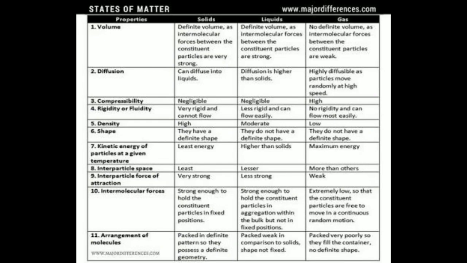Now we are going to learn about solid state, liquid state and gaseous state. These are types of matter.